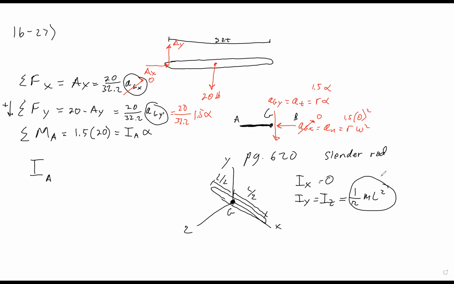And just keep in mind that even though page 620 shows you three-dimensional objects, you can treat these objects like two-dimensional objects, and you only care about the rotational axis about z, essentially. Well, why is that? Because you can consider z to be coming out of your paper or out of the screen, and then look at the object straight on from axis z.